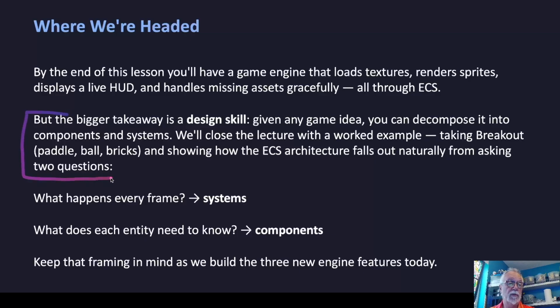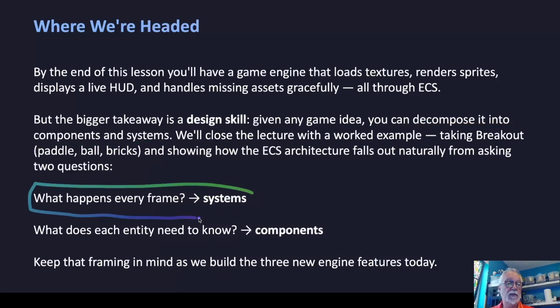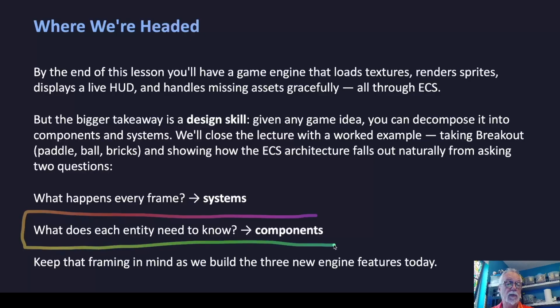The other thing I want you to think about is, for a game idea, I want you to decompose it into components and systems. What happens every frame? The systems change things in that loop, and the entities that we are going to be adding to our game need components.